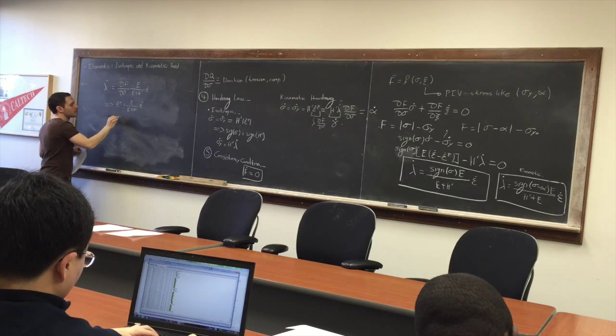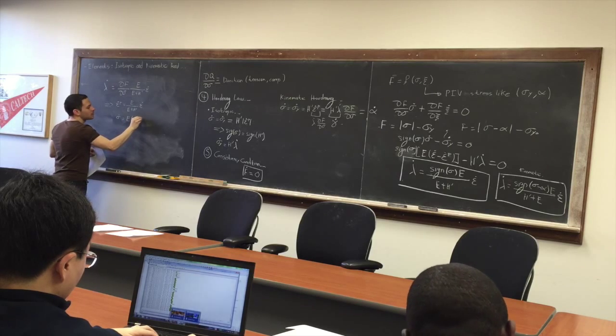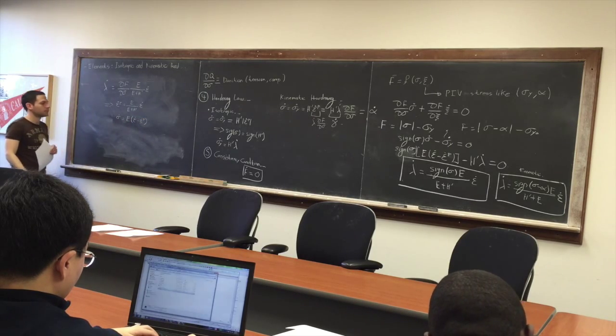But we know that sigma dot is equal to E times the strain rate minus the plastic strain rate.